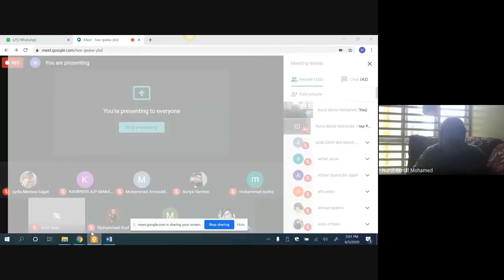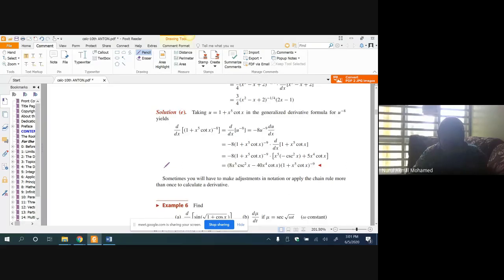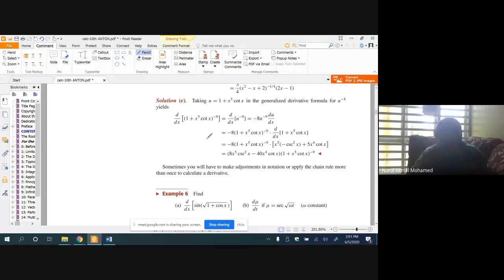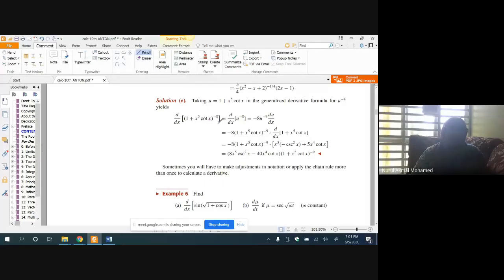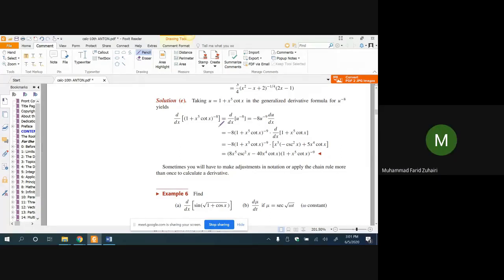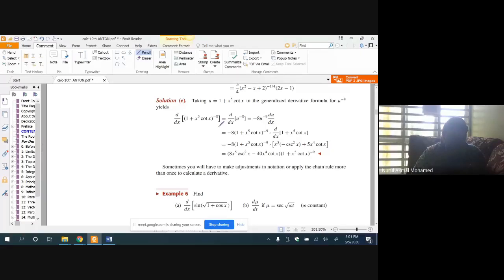Now, I think we solved that. Try to solve P at home. If you don't know the derivative of cot x, you can use the quotient rule, because cot x is cos x divided by sin x.